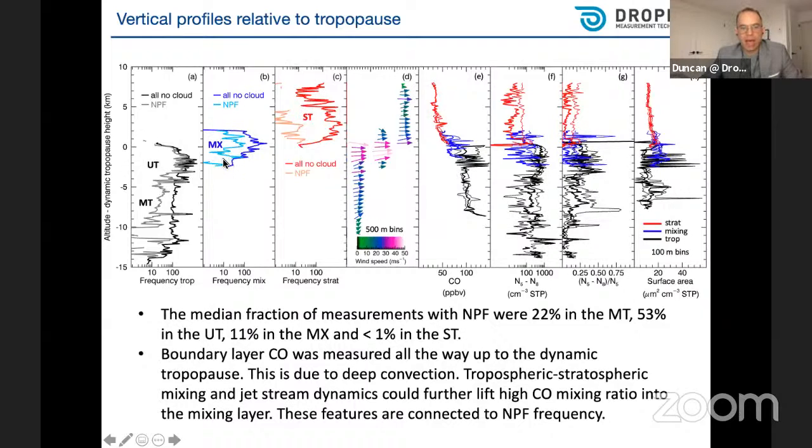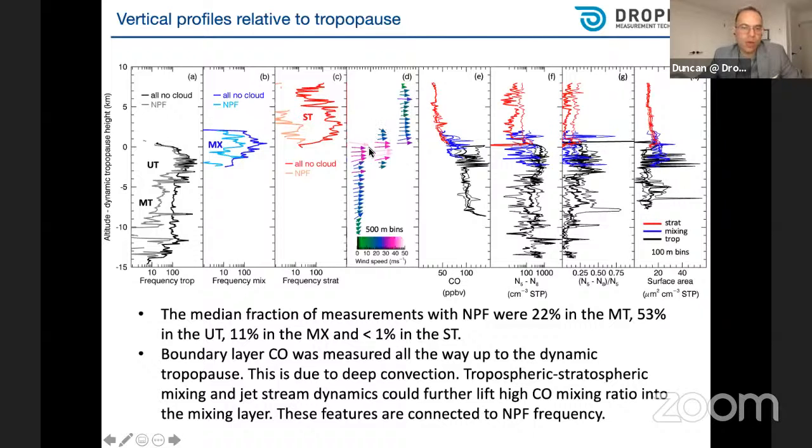The mixing layer occurs around the dynamic tropopause. We have regions with high frequency of particle formation. While in the stratosphere, which is above the dynamic tropopause, we have very few particle formation events. Only near the lower levels of the stratosphere do we have a high frequency of particle formation events.